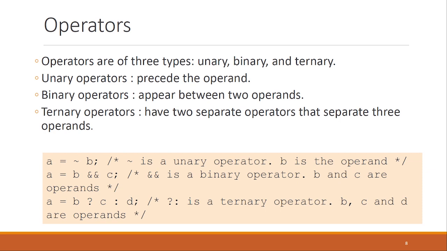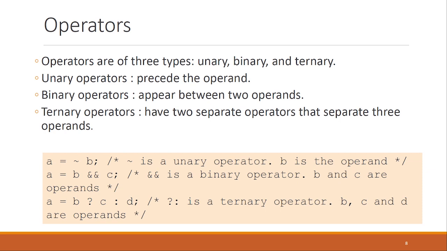That's about taking the AND of two variables or conditions: a is equal to b and then c. You place the binary operator in between two operands. And the third example is about a ternary operator. There you have this syntax: a is equal to b question mark c colon d.